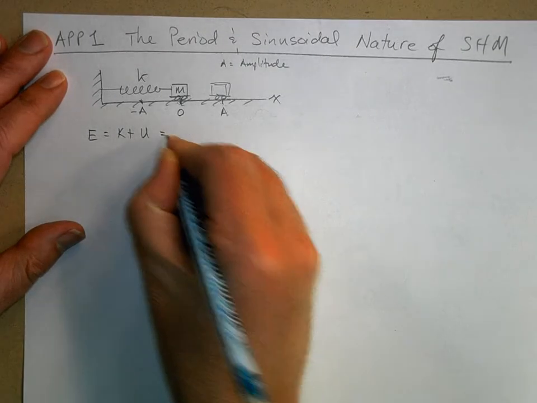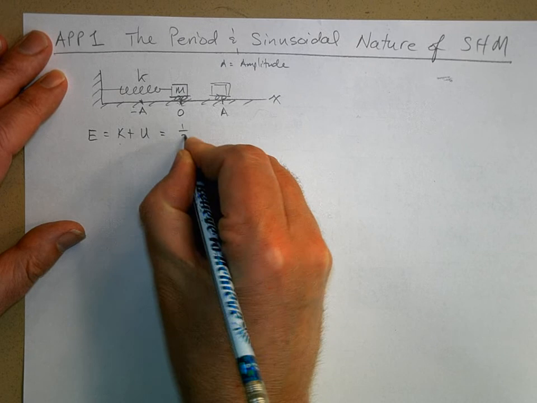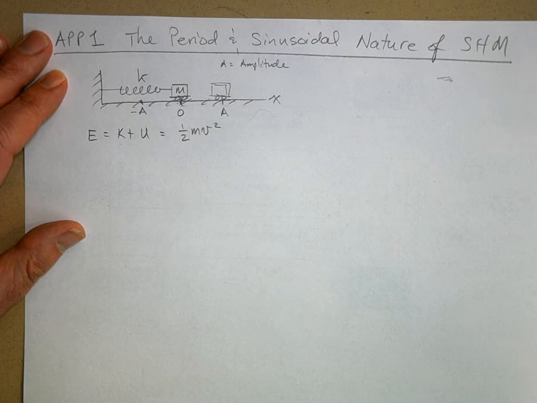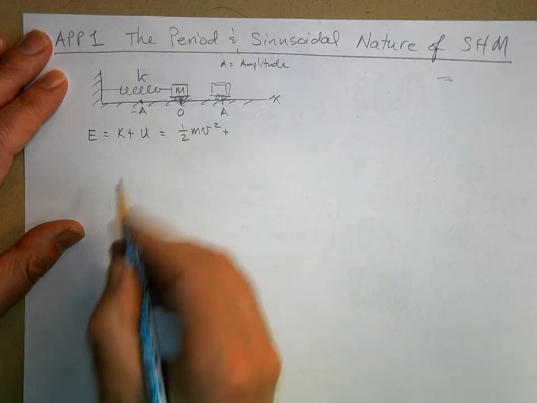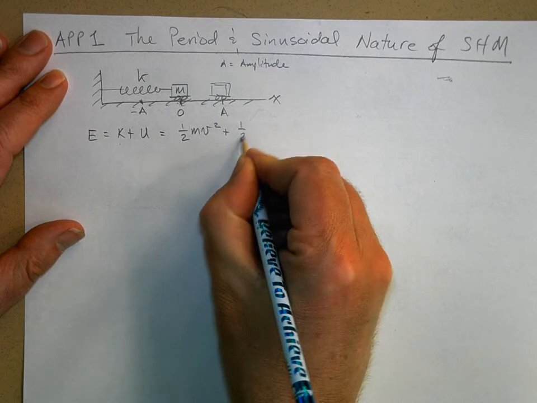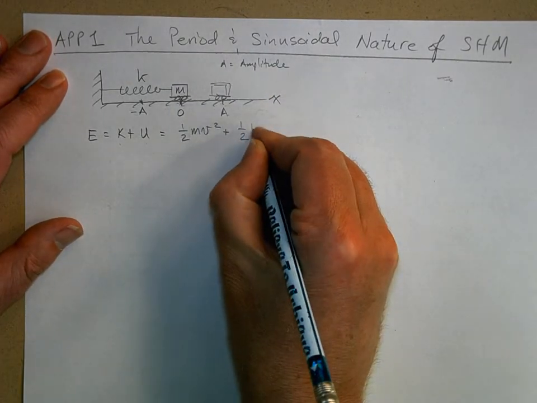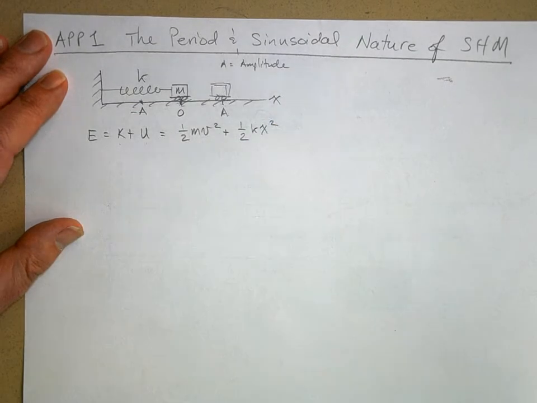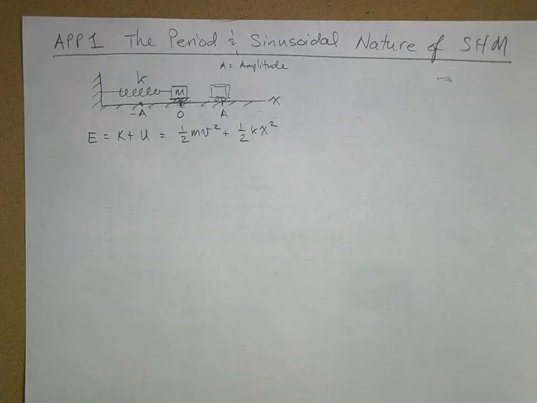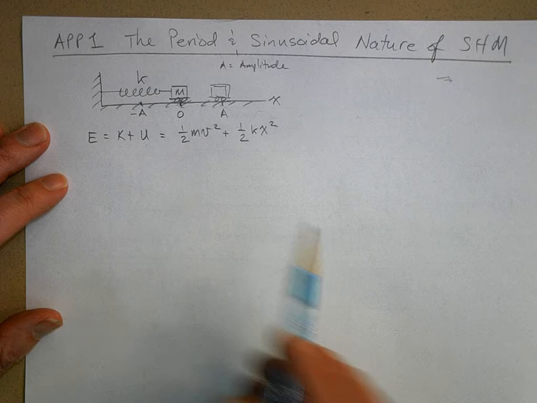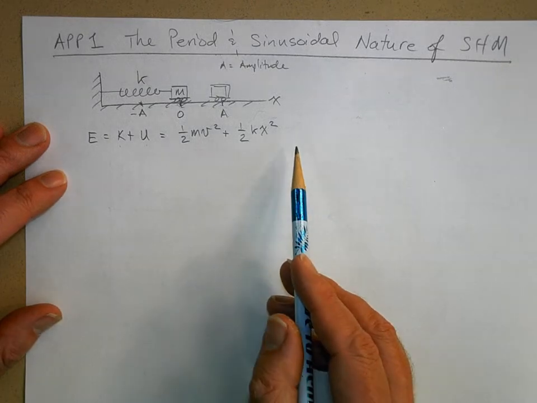So this is going to be equal to 1/2 mv squared, and this is going to be 1/2, what's the potential energy function? 1/2 kx squared. Okay, so I'm going to use this idea to get it.